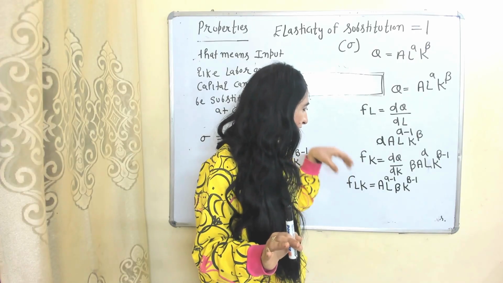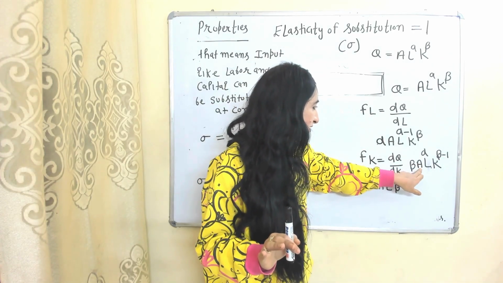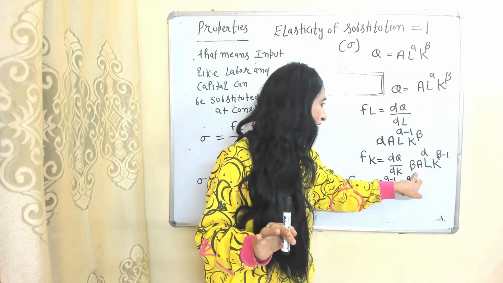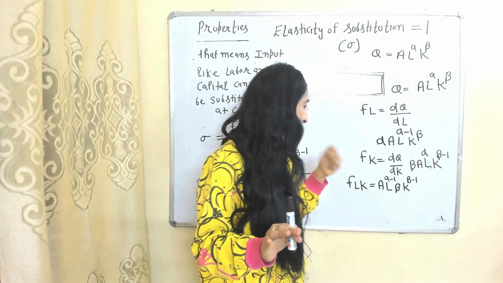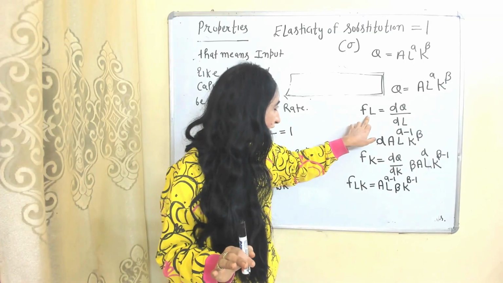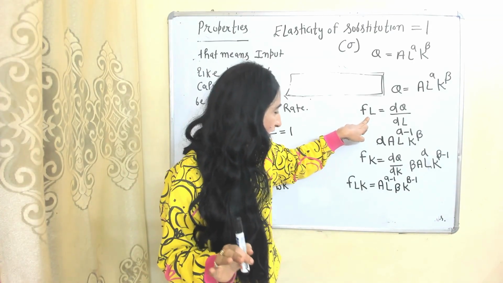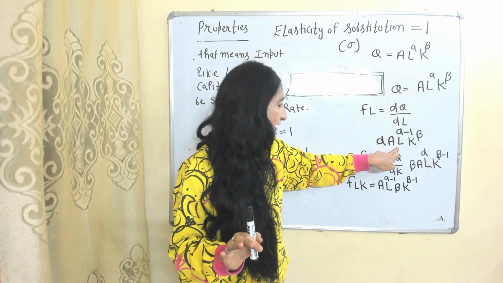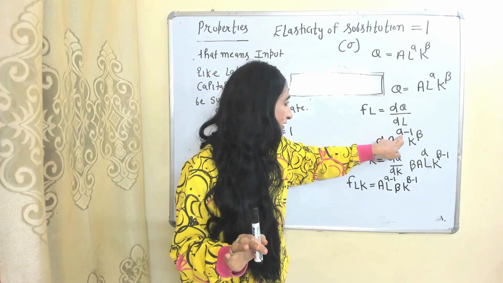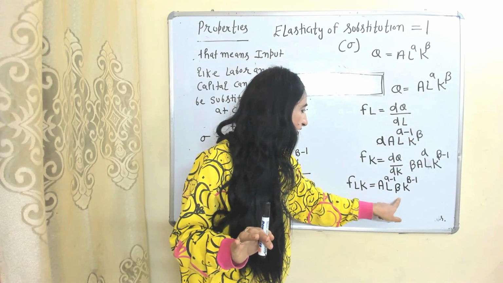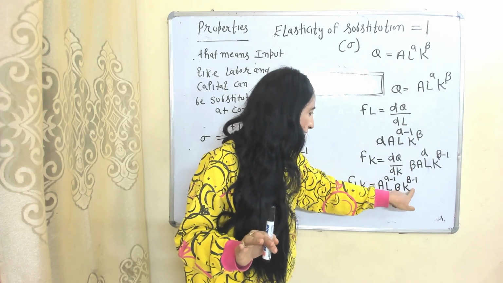When we differentiate with respect to capital, that means A L to the power alpha will remain constant. This beta will come down and we subtract 1 from beta. In order to find FLK, we differentiate FL with respect to K. When we differentiate FL with respect to K, then A L to the power alpha minus 1 will remain constant. This beta will come down and we subtract 1 from beta.